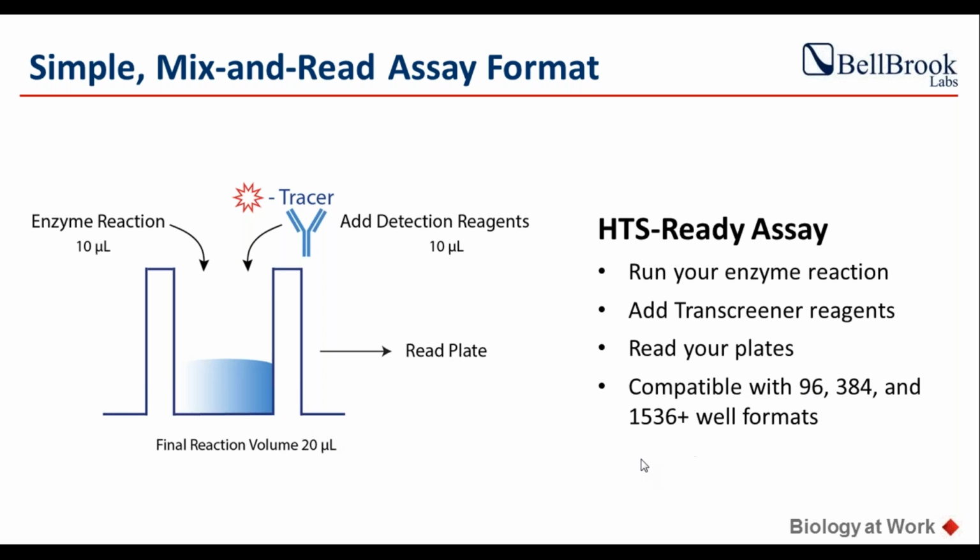That would be for 96. If you choose to run it in 1536, you can split it as 3 microliters and 3 microliters with a total of 6. I mean, you could do variations of that. It's a pretty flexible assay. We give the user the flexibility to design the assay the way you choose to.